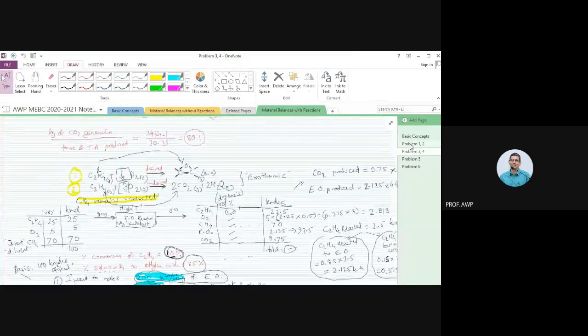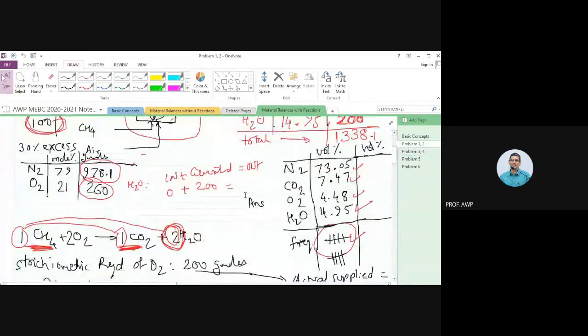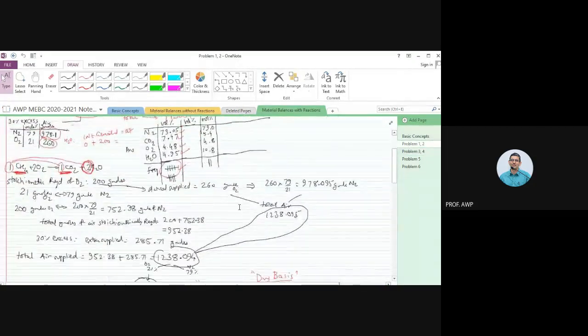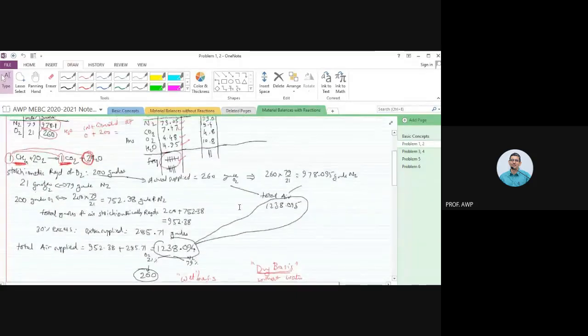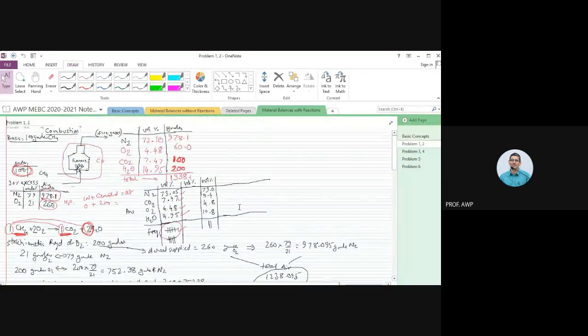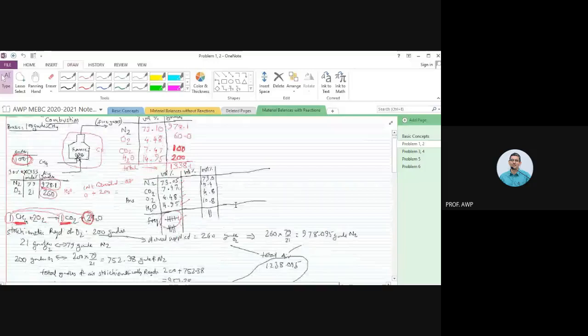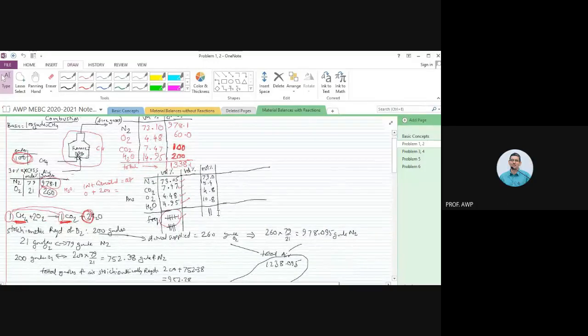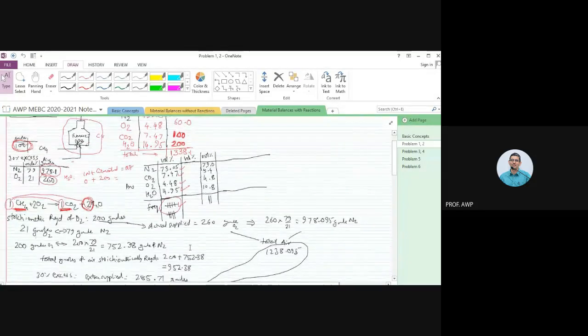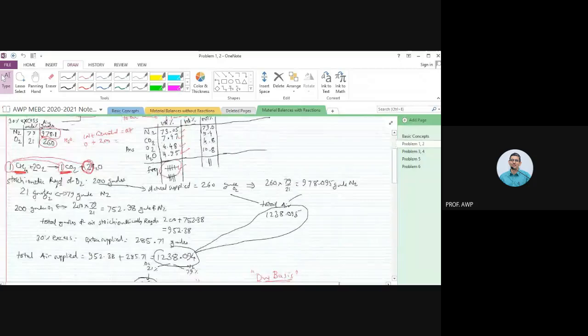Look at how we calculated excess air, whether I calculated based on oxygen or based on air. Finally, we are getting the same thing. Do you recall?